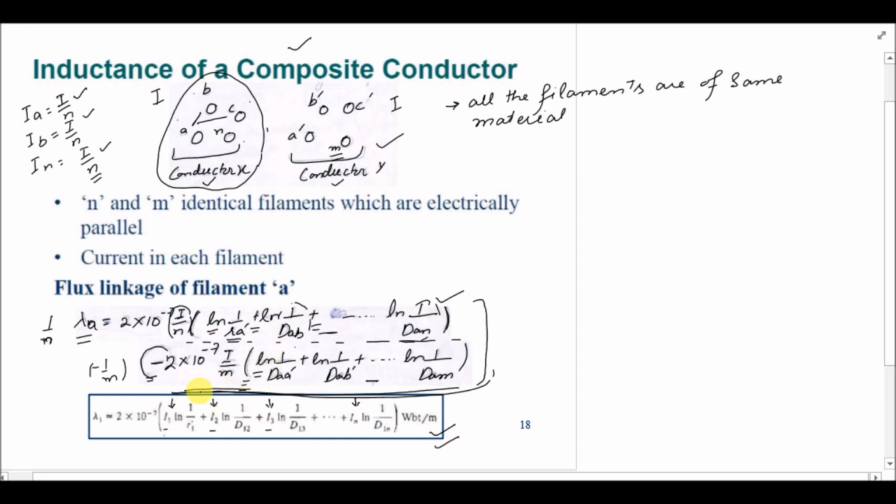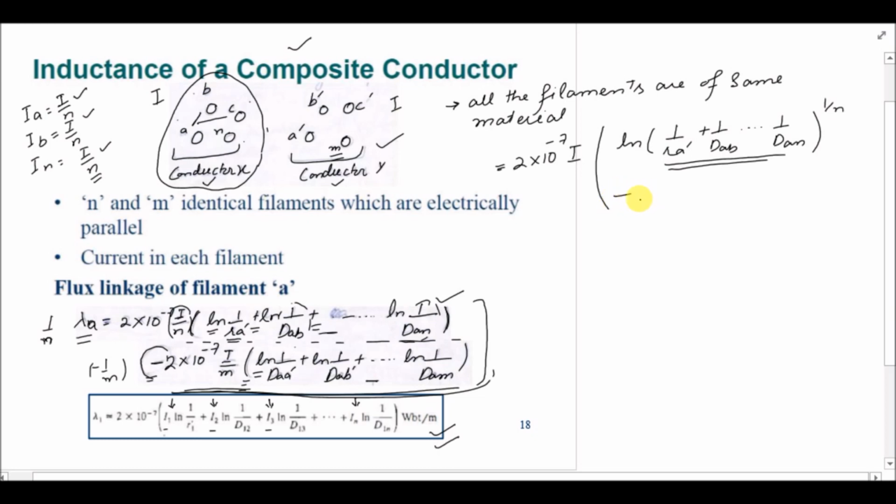So if I have to just simplify it, the equation will become 2 into 10 raised to minus 7 I, the current, ln 1 over Ra dash plus 1 over dab up to 1 over dan, and 1 by n will be in power of these variables.